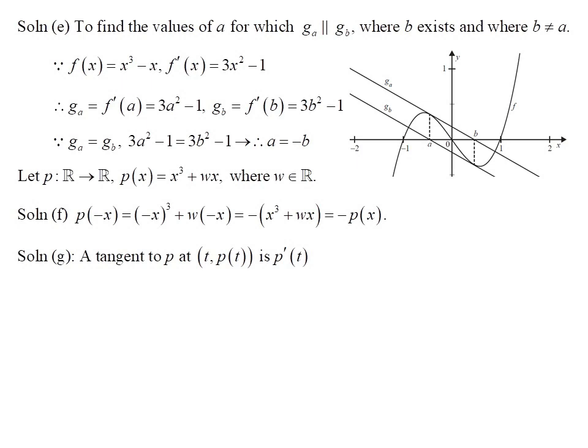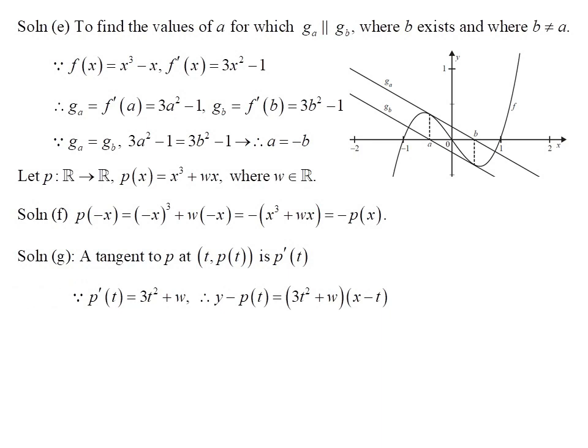A property of the graph of p of x is that two distinct parallel tangents will always occur at coordinates t, p of t, and negative t, p of negative t, for all t not equal to 0. Based on that, part G is to find all the values of w such that a tangent to the graph of p of x at t, p of t, for some t greater than 0, will have an x-intercept at negative t, 0.